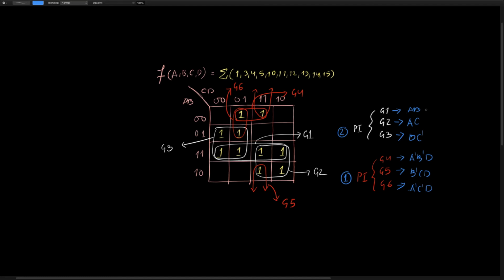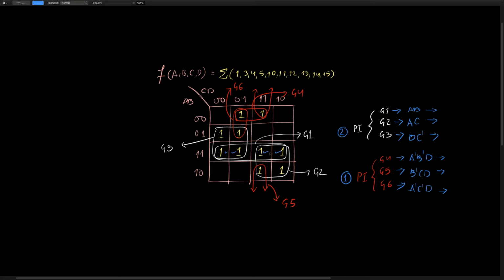Now what we're going to do is find which of these groups are going to be your essential prime implicants. Okay, this was your end semester question, and a lot of students were confused about these answers. If you consider group 1, you see there are all overlappings.